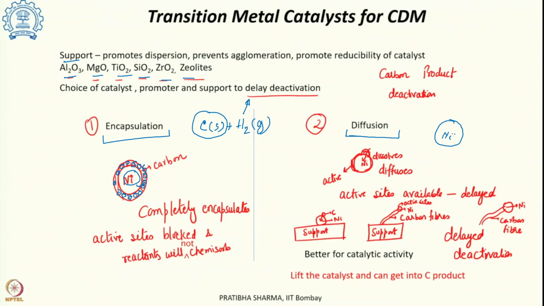Diffusion means the byproduct carbon will diffuse into the nickel catalyst. When it diffuses into the nickel catalyst, the active site, obviously, will be at the outermost portion, and this active site will still go for the reaction.